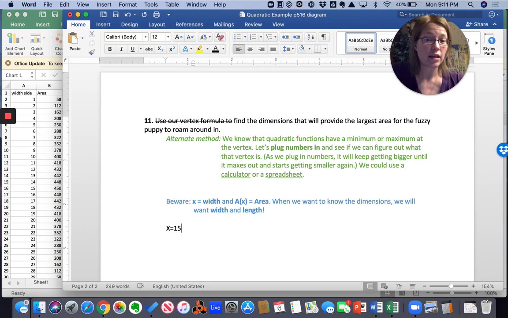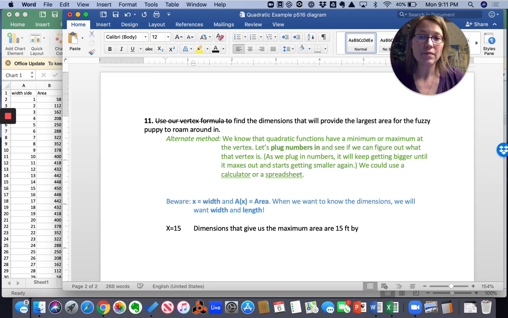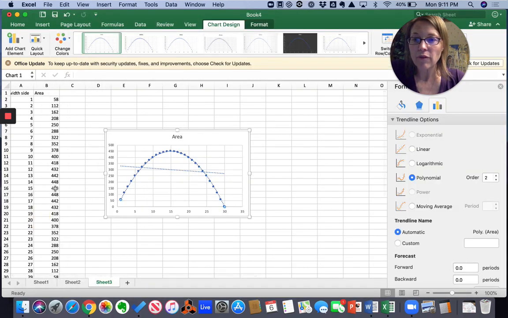So the dimensions that give us the maximum area are 15 feet by, now if we look back at our graph, we might be tempted to say 450 feet. But remember, they only had 60 feet of fencing to begin with. That can't be it. Oh yes, remember this was area.